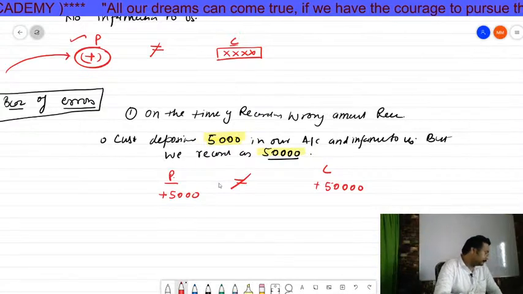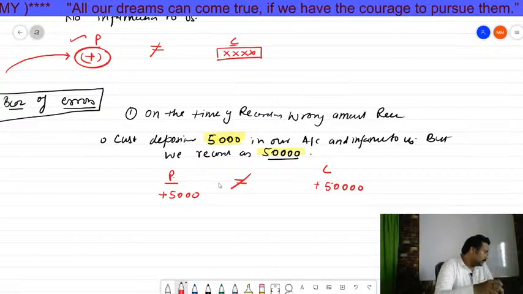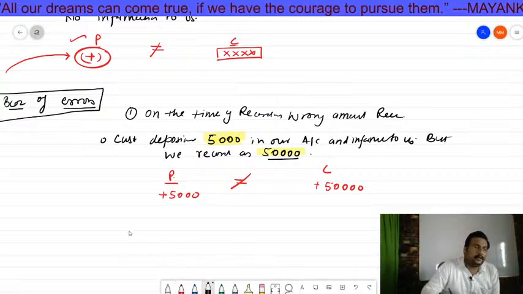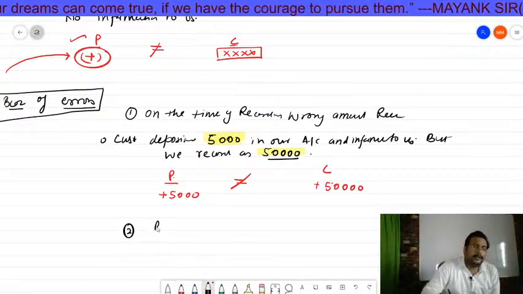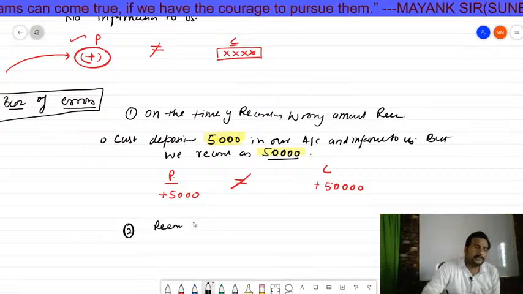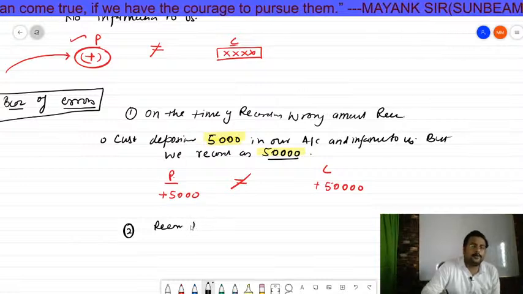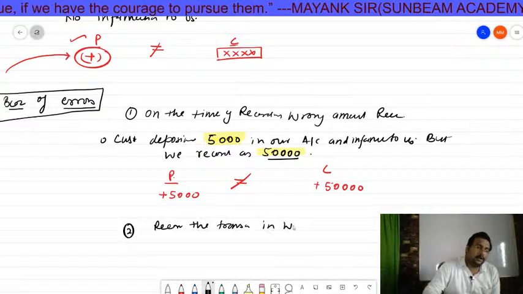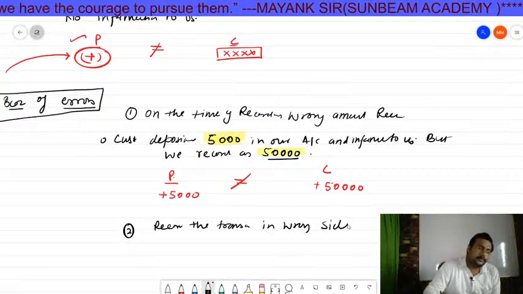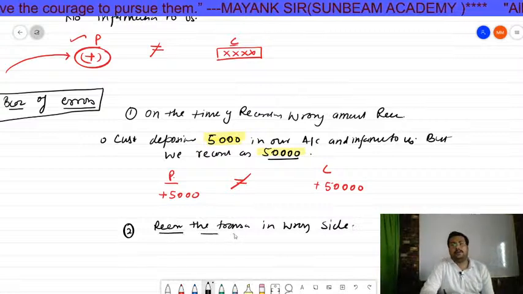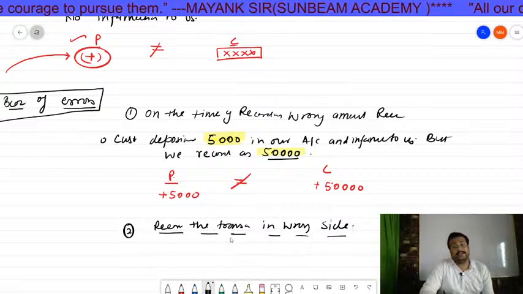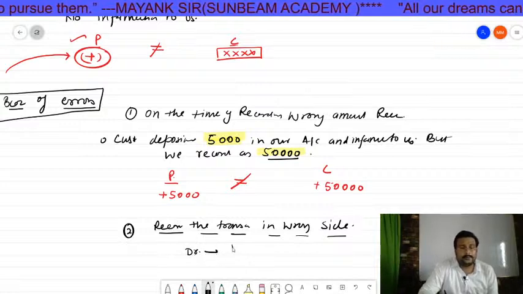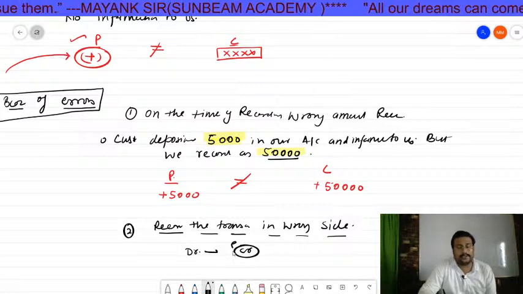Okay, tell me, child, sometimes the bank records the transaction on the wrong side. It means the transaction should be recorded in debit, but the passbook records this transaction in the credit.